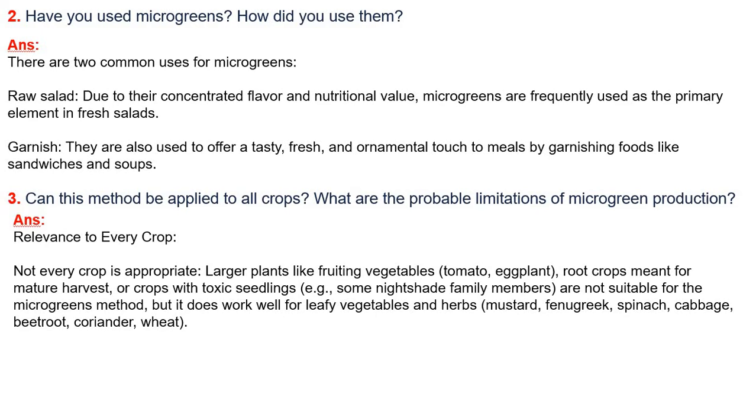Larger plants like fruiting vegetables, tomato, eggplant, root crops meant for mature harvest, or crops with toxic seedlings, example some nightshade family members, are not suitable for microgreens method, but it does work well for leafy vegetables and herbs. Mustard, fenugreek, spinach, cabbage, beetroot, coriander, wheat.